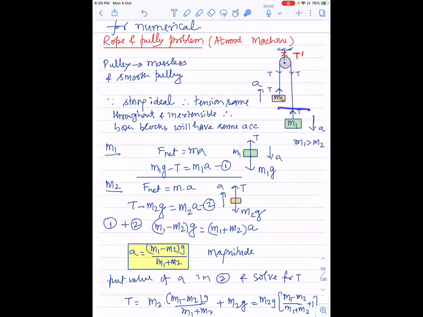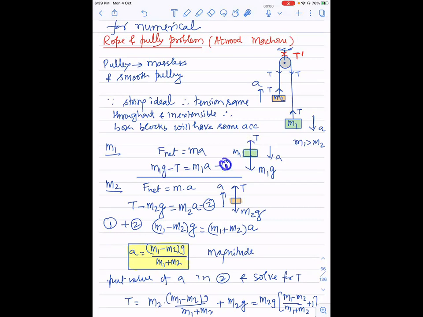So first we'll make the equation of motion. Newton's second law will apply on this block. M1 is bigger than M2, so this will go down. M1g minus the opposite force, tension. Tension comes due to the blocks hanging. So F net will be the force in the direction of motion. This is going down, so that force is taken first, minus the opposite force tension, equals M1a.